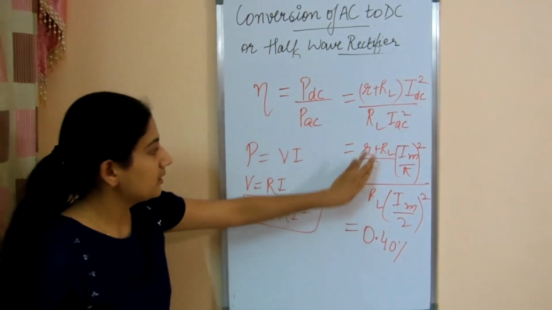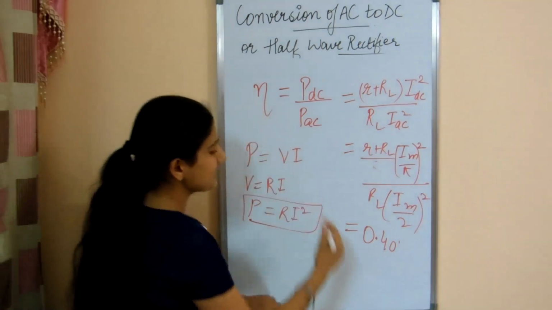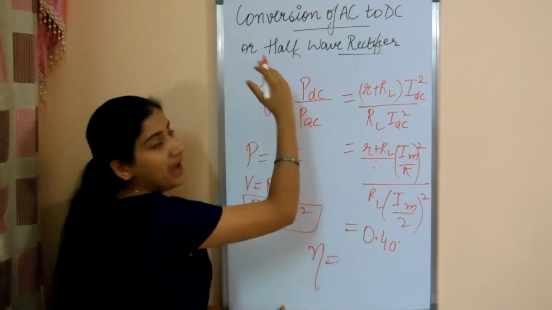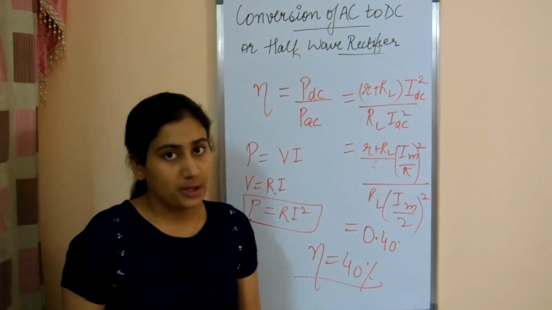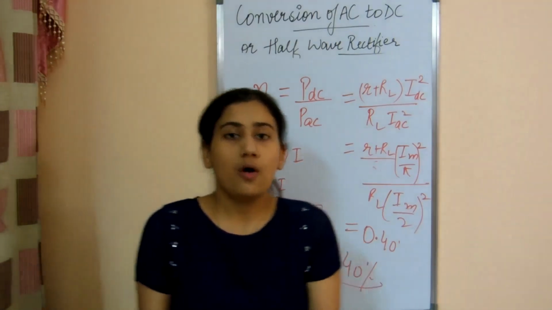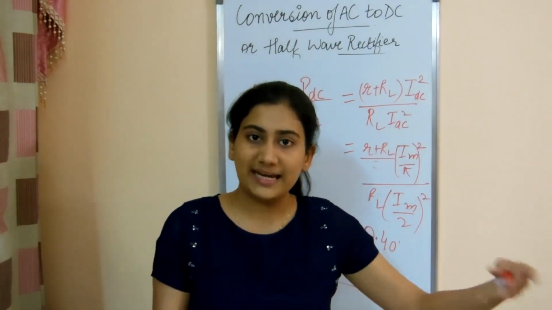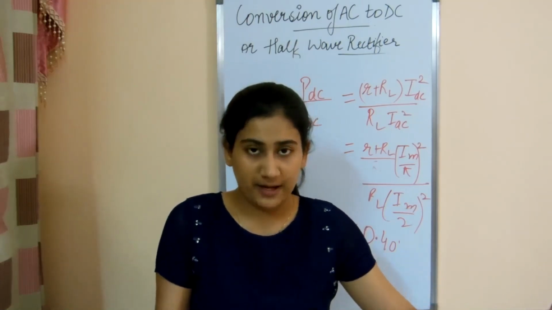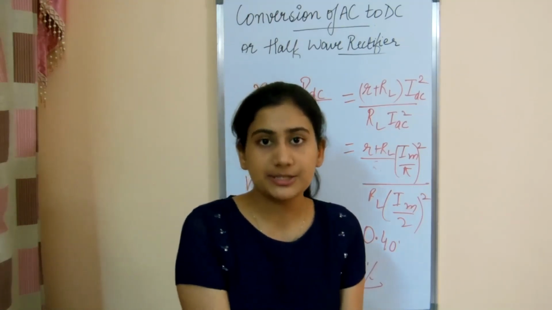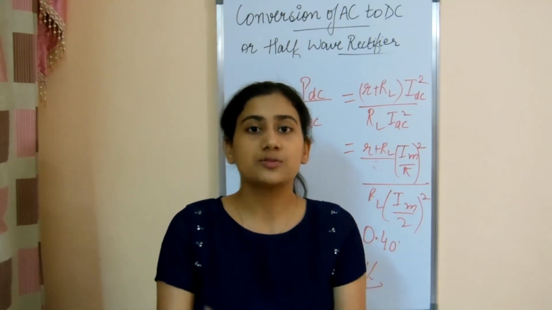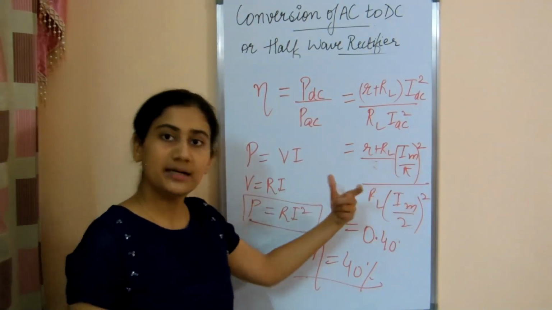If I neglect these r's, sorry, this is 0.40, that means the efficiency of my half wave rectifier nearly comes to be 40%. Because the half wave rectifier rectifies only the half wave, 50% of our input has been wasted since it does not rectify it. And moreover, we have internal resistance and load resistance, so more input has been moved out. So we can calculate it as 40% after doing the calculation.